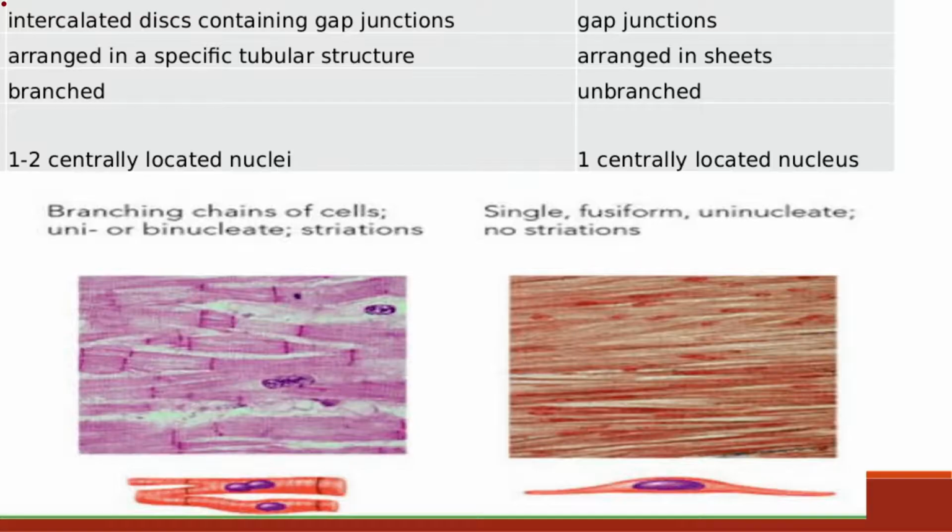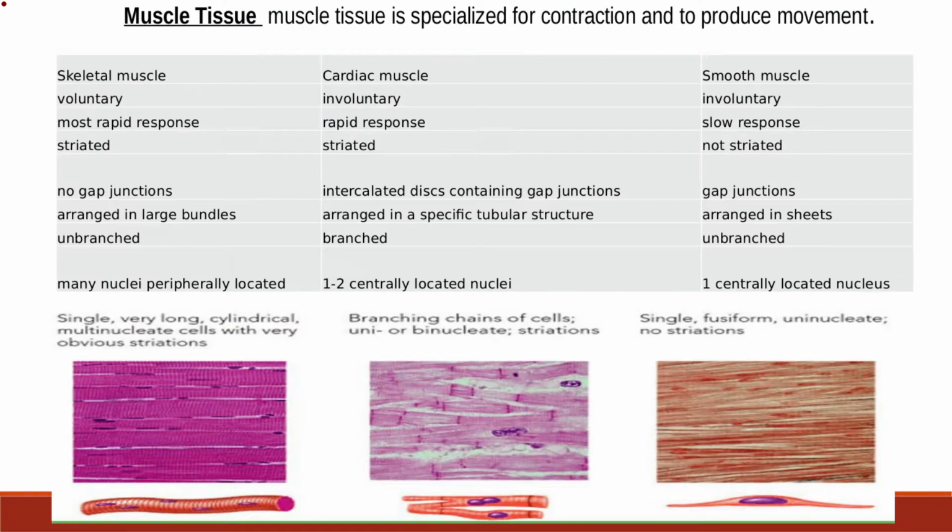And these fibers look more like this, and they just lie end to end together here until they are packed tightly together. So you'd have one here, and then one here, and then one here, right? And that's how they're arranged. And you have a nucleus inside. Okay, no striations here.